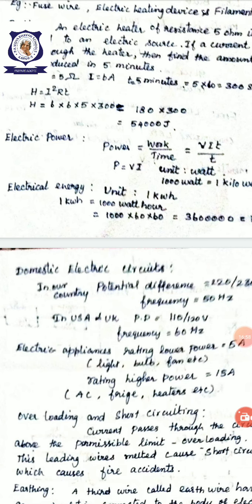For example, a 40 watt bulb, a 100 watt bulb. A 100 watt bulb means 100 watt power is consumed in 1 hour. Is it clear? So if 1000 watt power is consumed in 1 hour, the energy consumed is 1 kilowatt hour. So generally the unit of electric energy is kilowatt hour, which is commercially 1 unit.